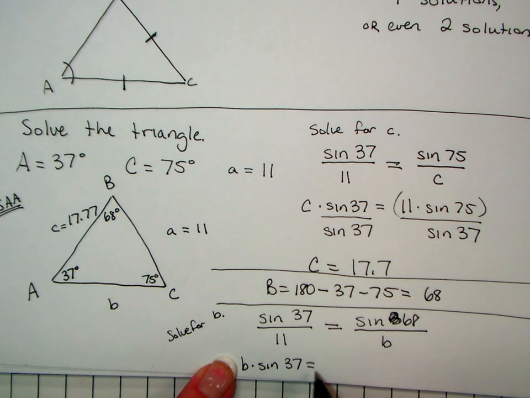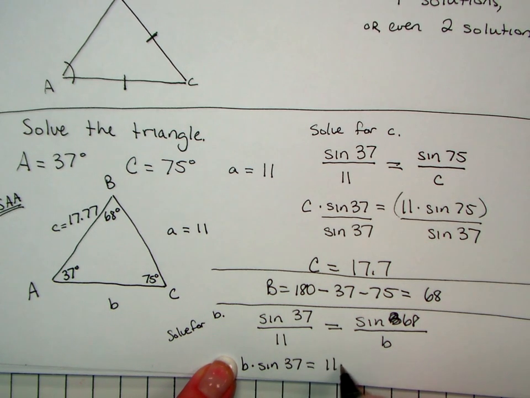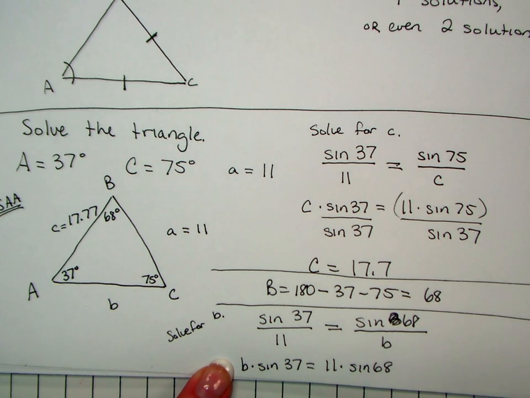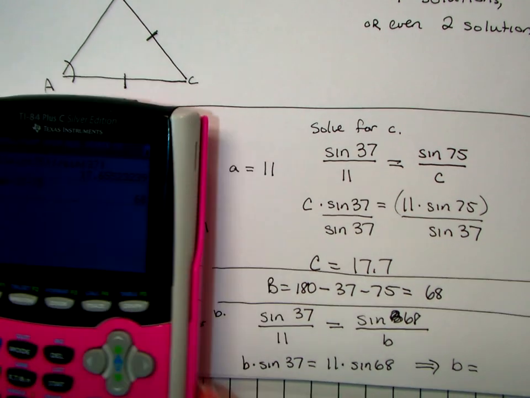So b times sine 37 equals 11 times sine 68. And so if I just divide both sides by sine of 37, I'm not going to show that. I'm just going to calculate it in the calculator.